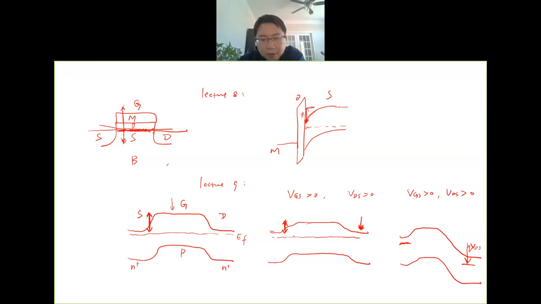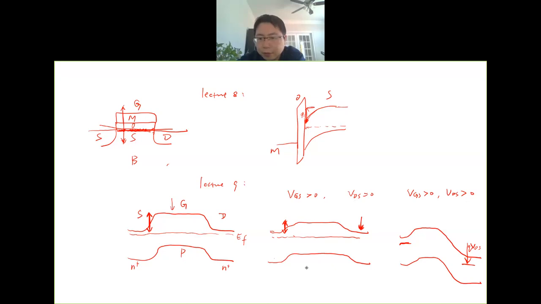So the barrier between the source and the channel will be reduced when you apply positive voltage to the gate. If VDS stays at 0, still no current flows from source to drain. This is the equilibrium state, so you still have a single Fermi level, but the barrier is reduced.